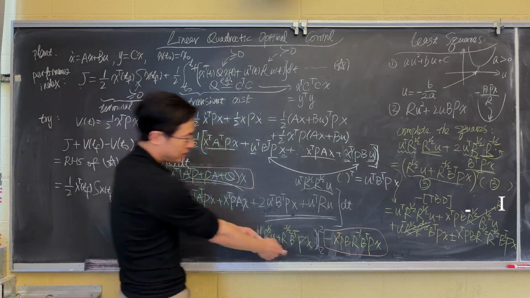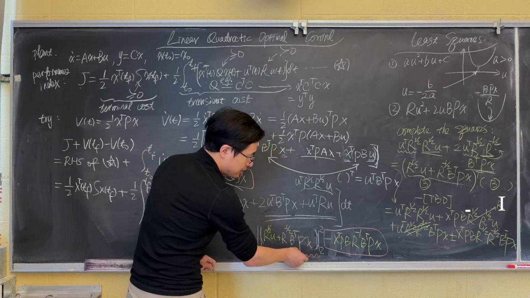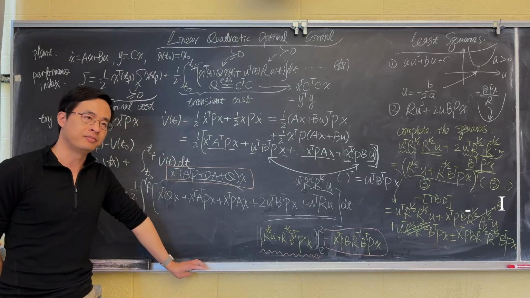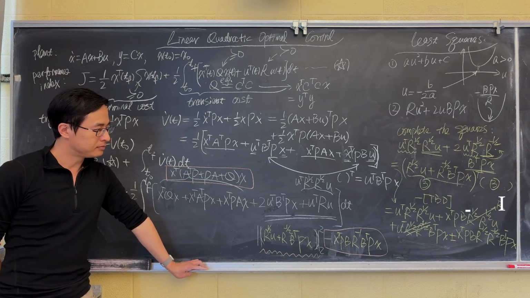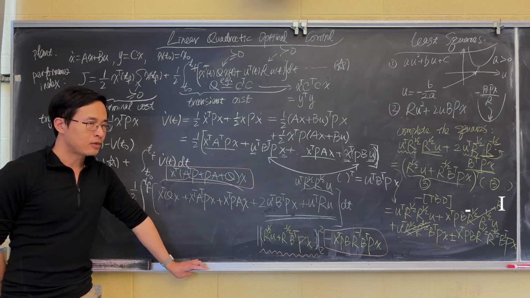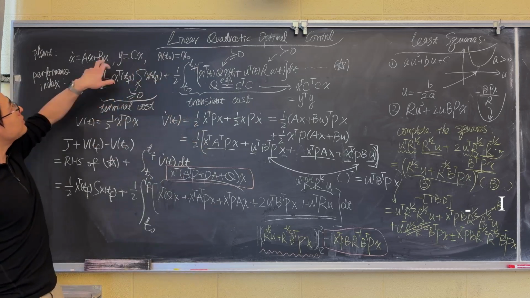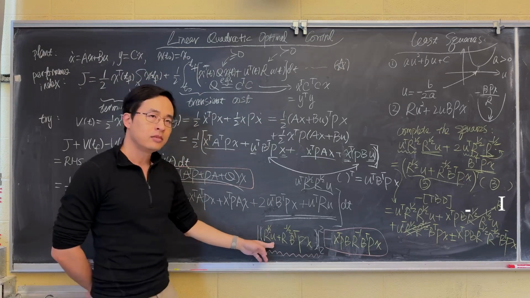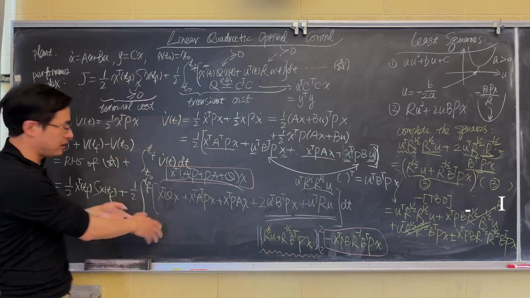And then this itself is a second non-negative term. Remember, our goal is to find a control law. We have to find the control algorithm that minimizes this entire thing.